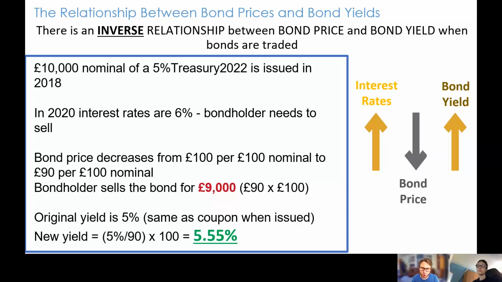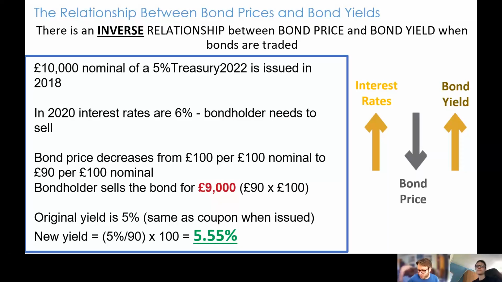The reason the bond yield relationship is interesting, and why knowing this helps, is that if in the exam you've got a question with the inverse relationship, where interest rates have gone up in this case, the bond price will have gone down, and because of that, we know that the bond yield should have gone up in comparison to the coupon rate on the bonds. So we know that the yield should be above the 5% mark.